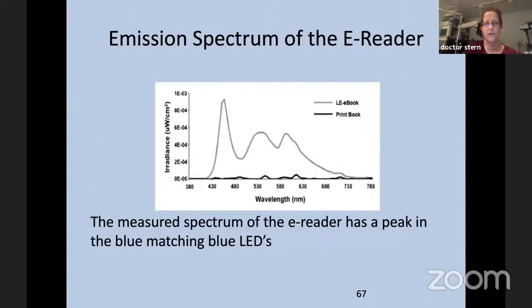But this was showing the emission spectrum of the e-reader and how it had a peak of blue that was very close to what we think of in terms of both potential eye damage and circadian rhythm.